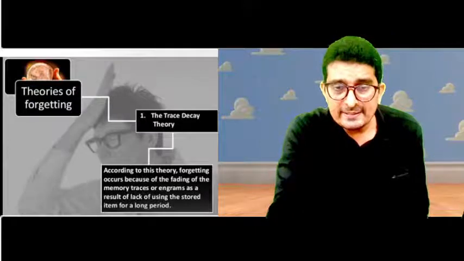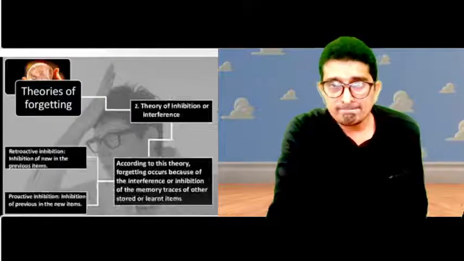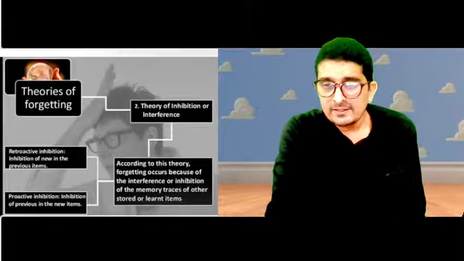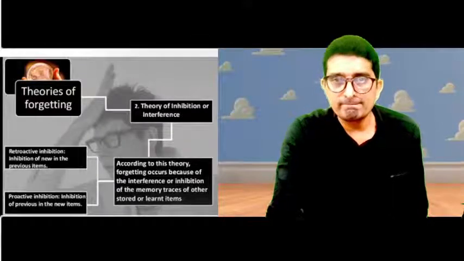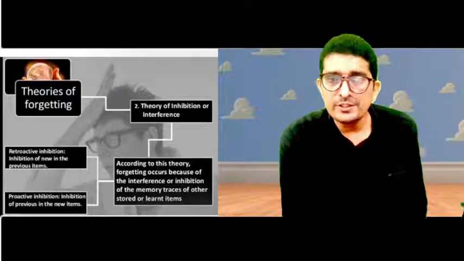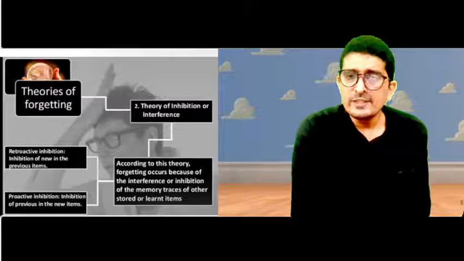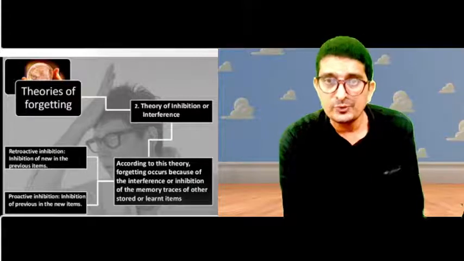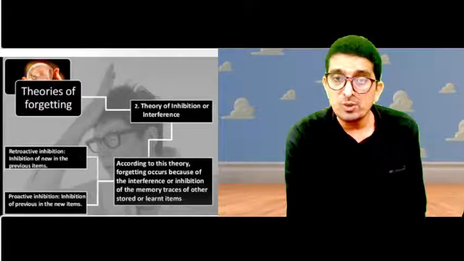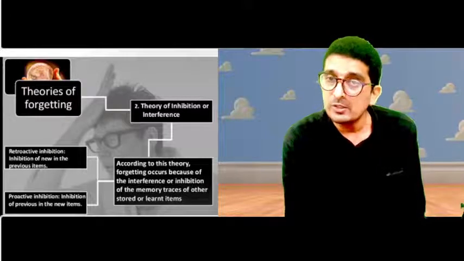Then the second theory is the theory of inhibition or interference theory. According to this theory, forgetting occurs because of the interference or inhibition of the memory traces of other stored or learned items.